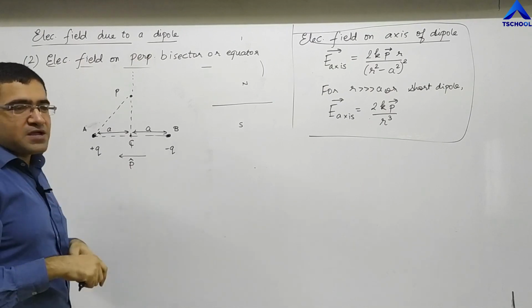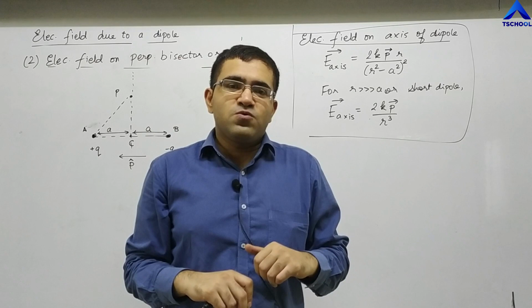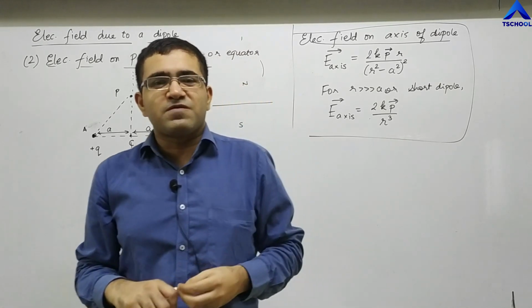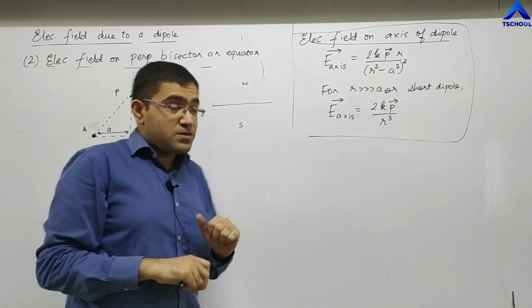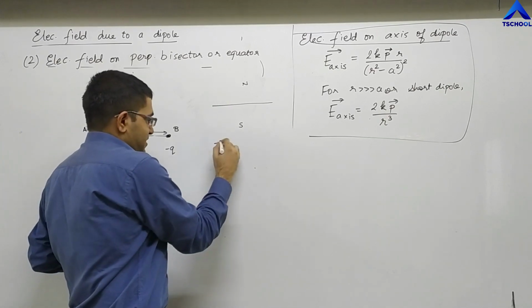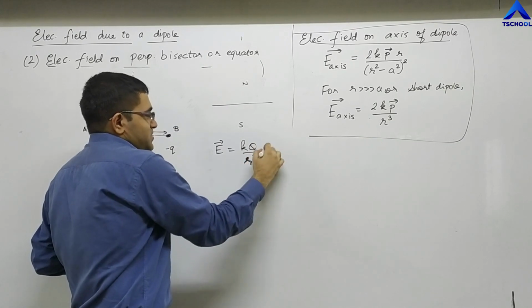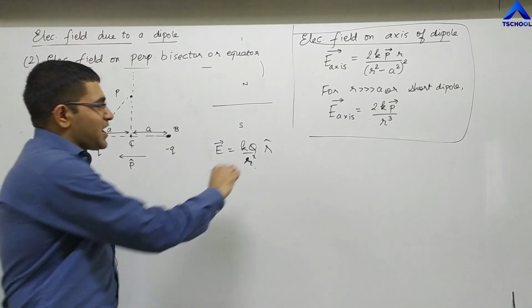So that's why in such situations the other method to write expressions of electric field comes into picture. Instead of using the expression blindly, like we know that electric field due to a point charge is this, the problem here is r hat.